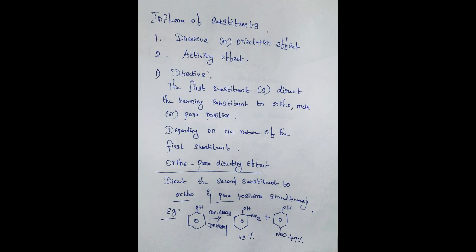Depending on the nature of the first substituent, the electrophile, that is the new incoming group, may be placed in the ortho, para or meta position. So the first substituent directs the second substituent to the ortho and para positions simultaneously. These substituents are called ortho-para directing substituents.